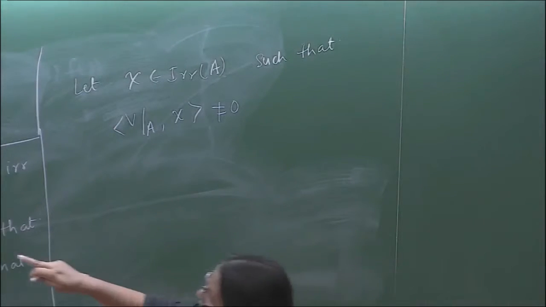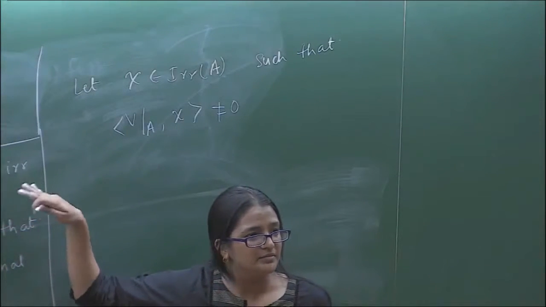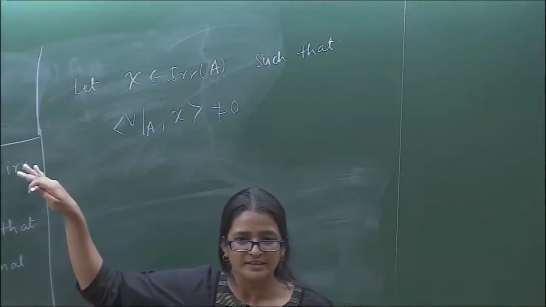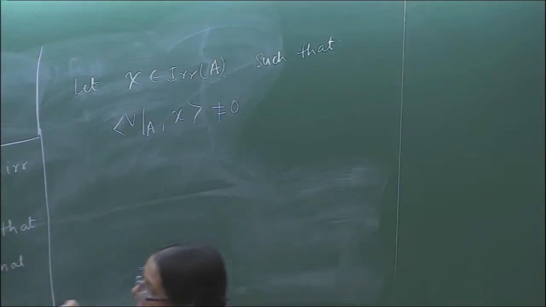Maybe I should have made a remark: I can assume V is faithful always, because if it's not faithful, then I can come to a smaller group. One can do this by induction. So maybe I should have said here, I'm giving the proof by induction.